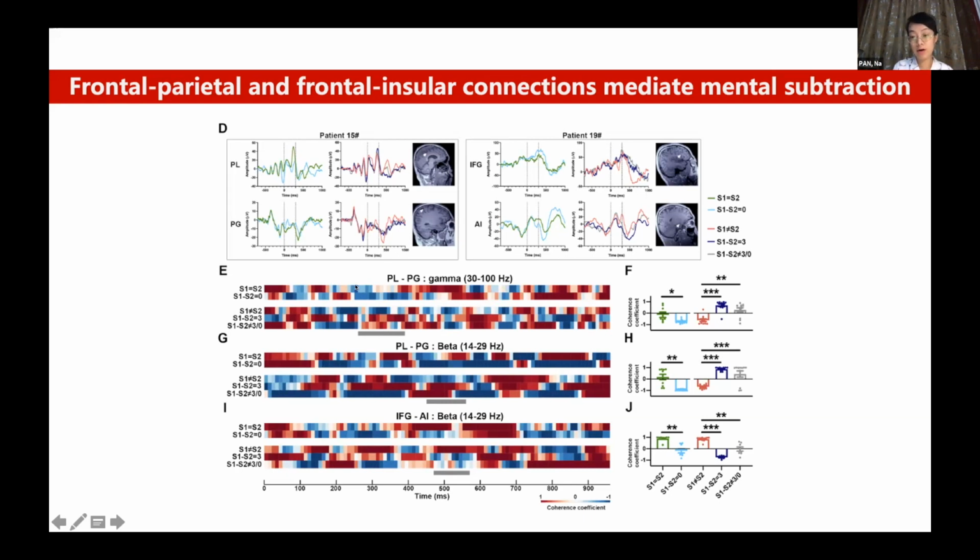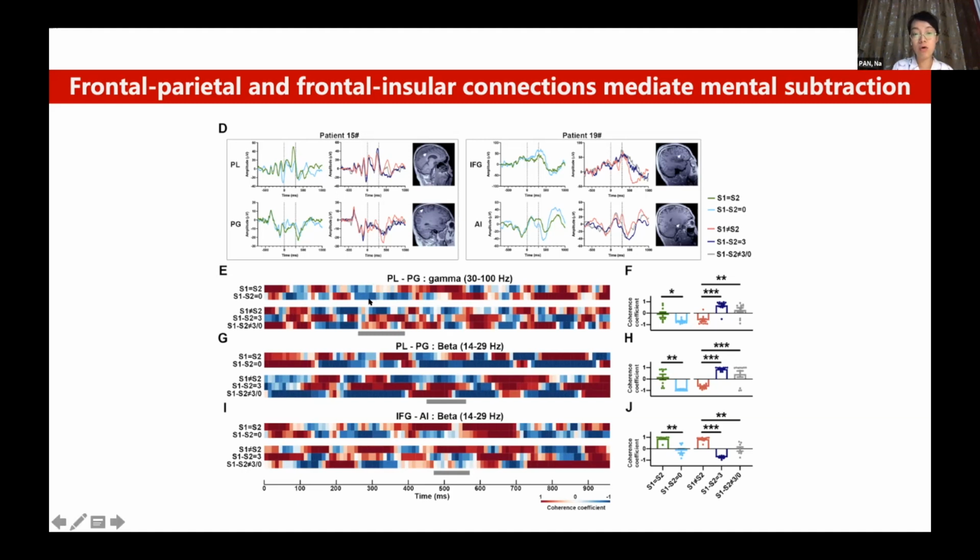The coherence coefficient is significantly different between when S1 is the same as S2 under the calculation, and when S1 is different from S2.